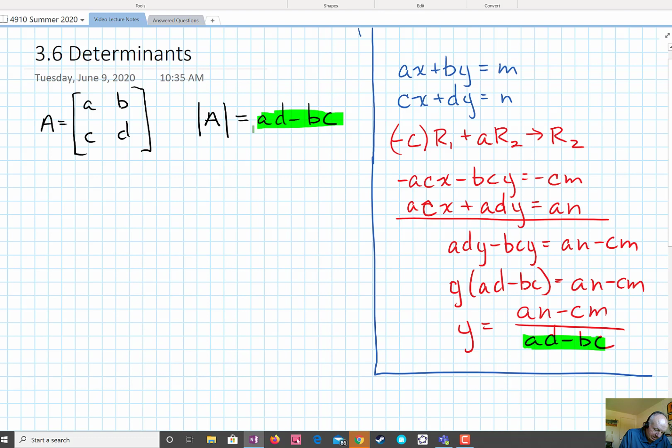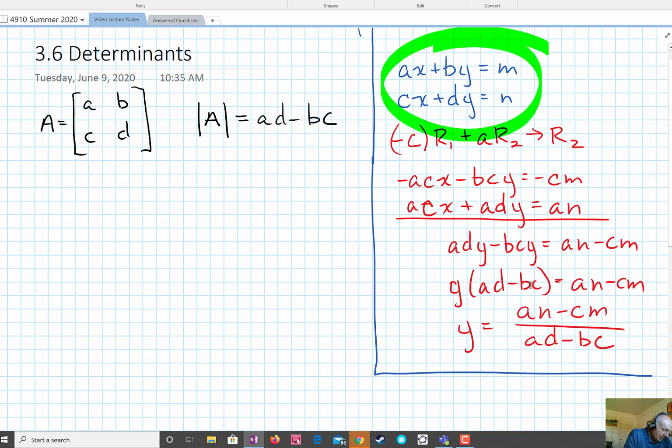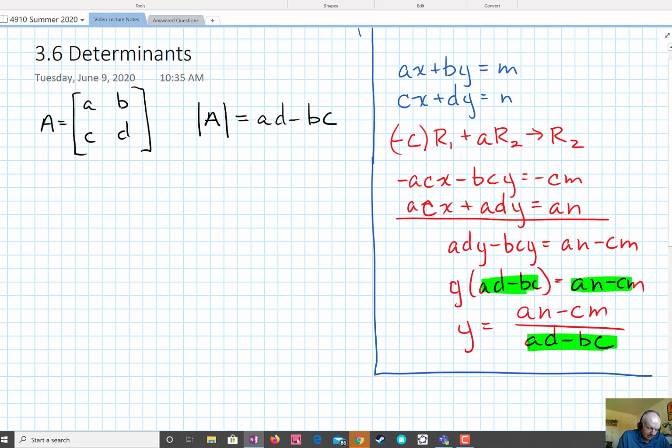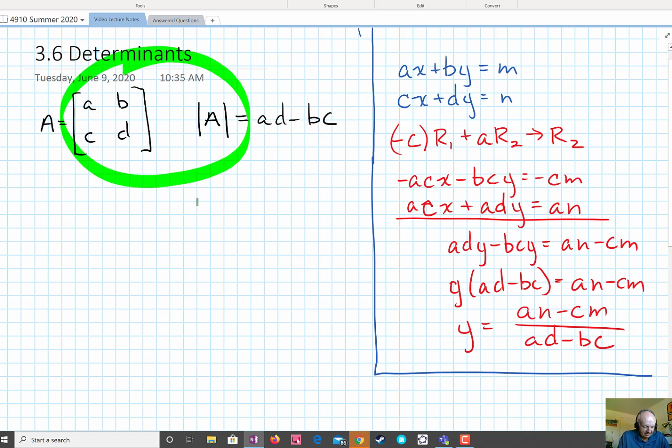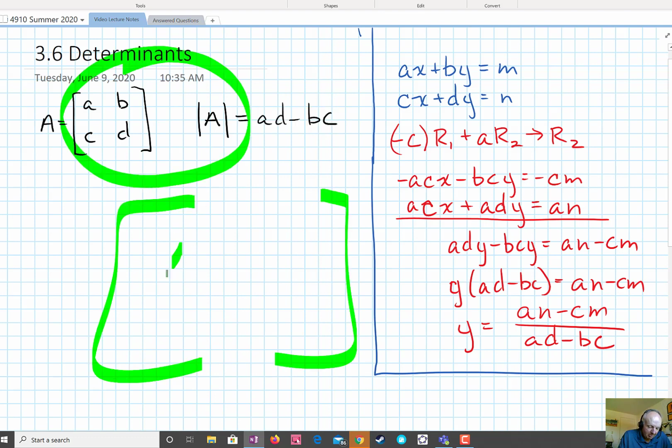Where do the formulas for determinants come from? They come from solving the system, and at some point you're going to divide in the solving process, and you're going to have a denominator, and that denominator turns out to be the formula for the determinants for the 2 by 2 case as well as for larger cases.